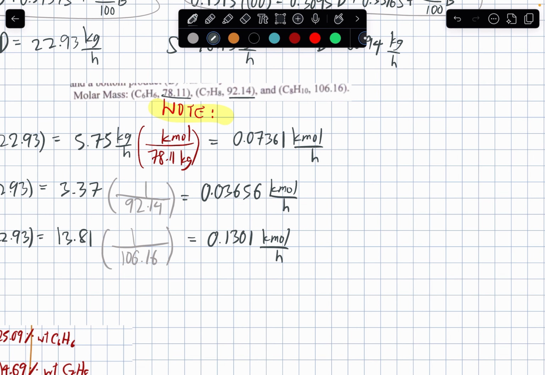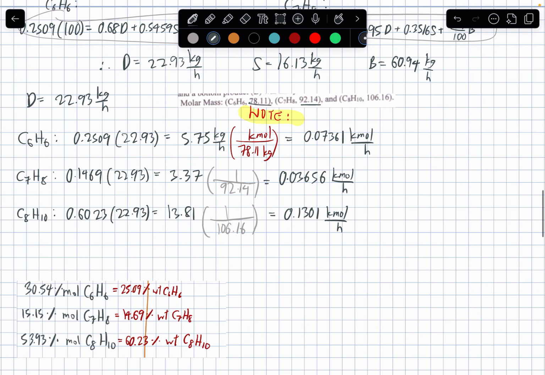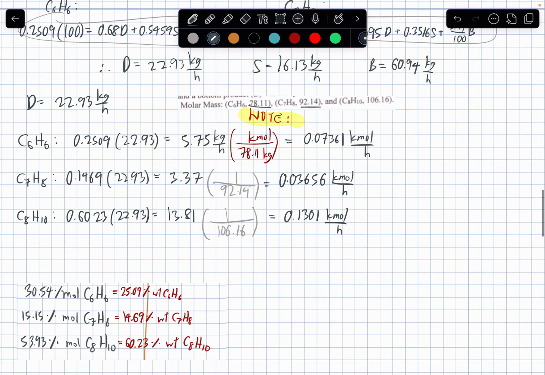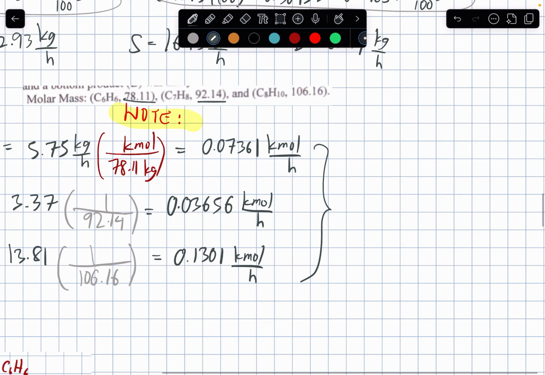Okay, time to find their sums. So they all amount to 0.24027.